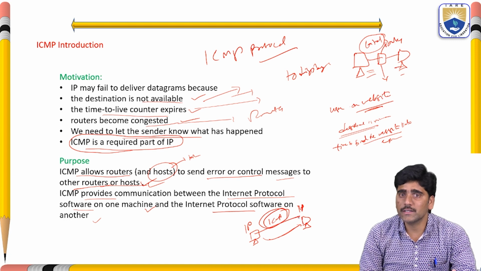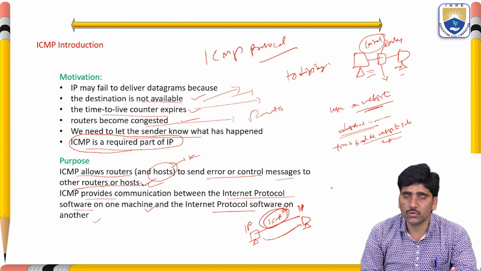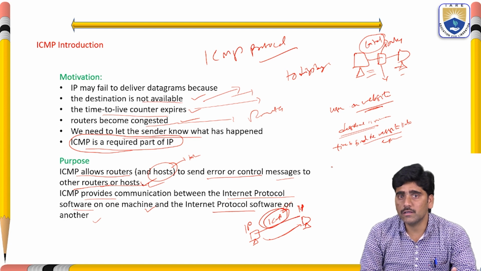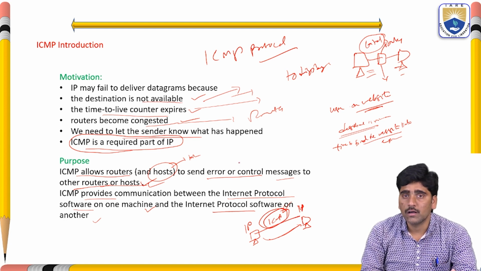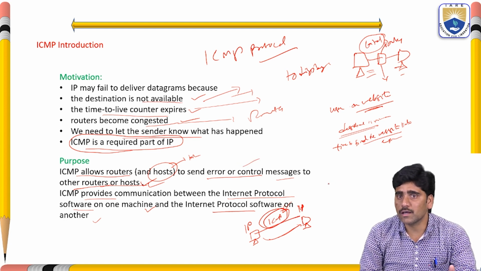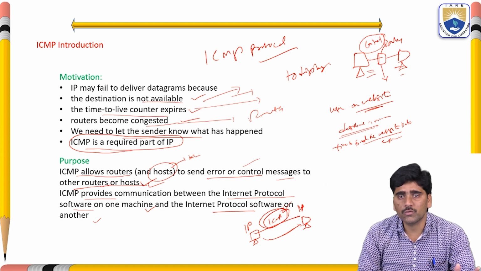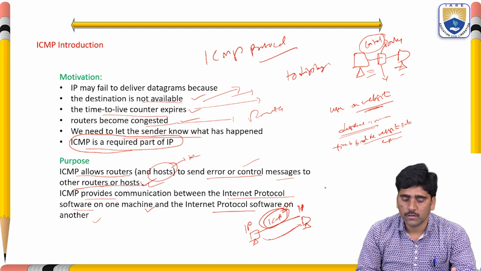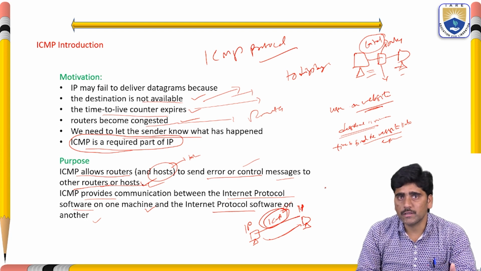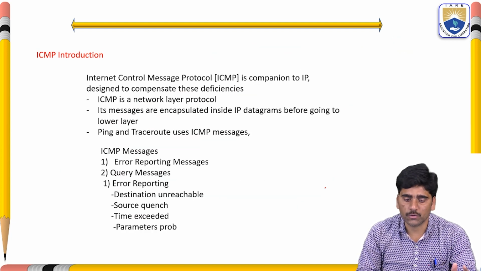So the ICMP protocol is used to display error messages or control messages from one system to another, or from one router to another. This is the purpose of ICMP, to introduce the ICMP protocol.